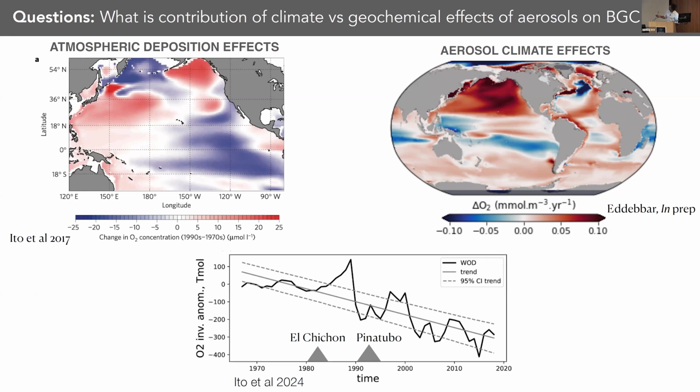A paper by Taka Ito shows that the atmospheric deposition effects tend to reduce oxygen in the tropical and northeast Pacific. So the climate and biogeochemical effects of aerosols tend to counteract each other. So what is the net impact of aerosols on oxygen?